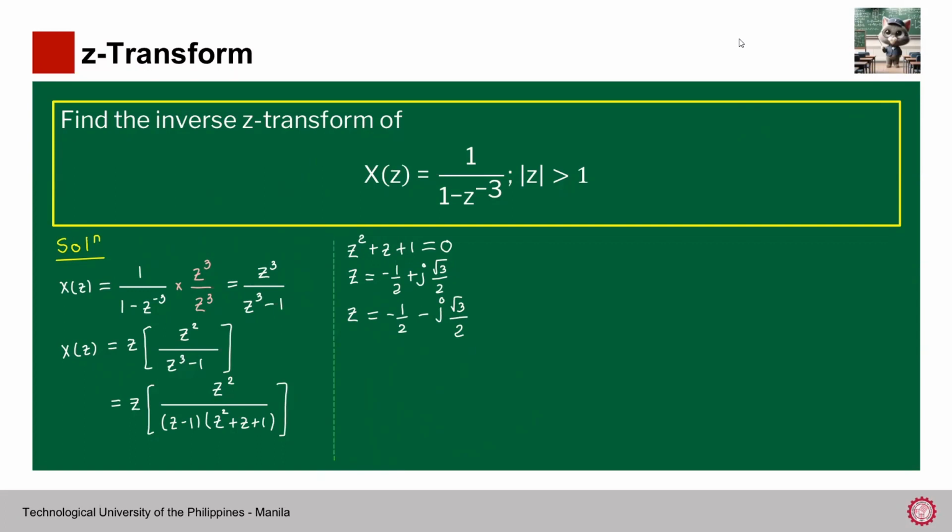So, we'll be dealing with this one first, guys, the one inside. What will be the partial fraction of that?